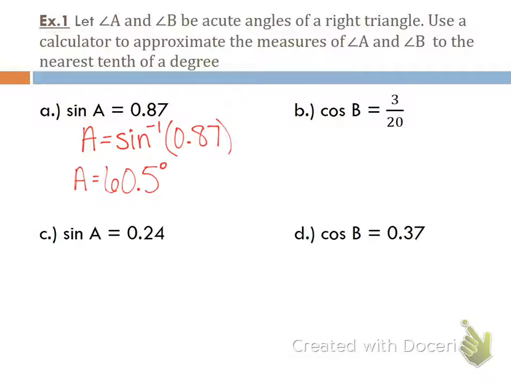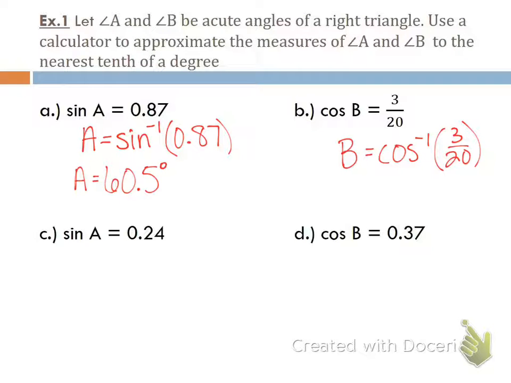Okay, on letter B, we are going to use inverse cosine of 3/20. You should be able to just type that into your calculator. The only exception to that would probably be those of you that have one of the gray and black ones.